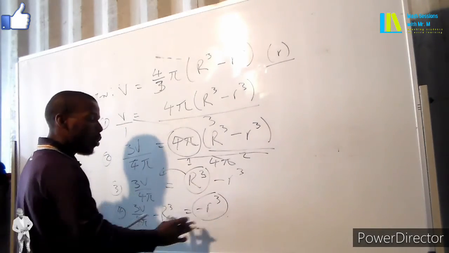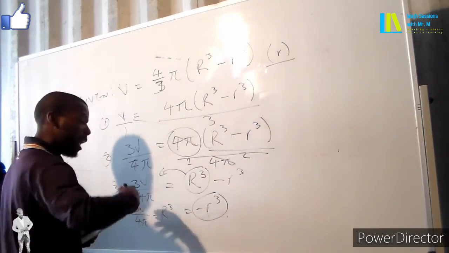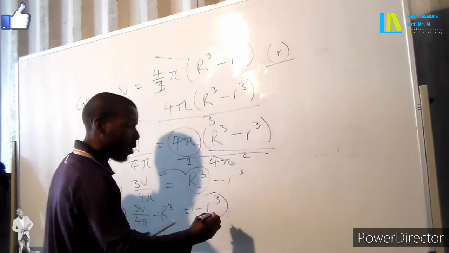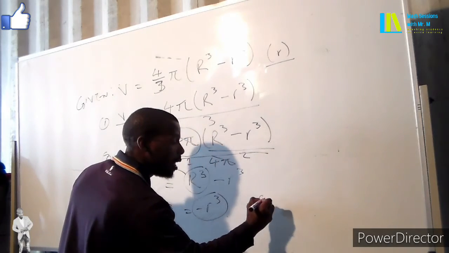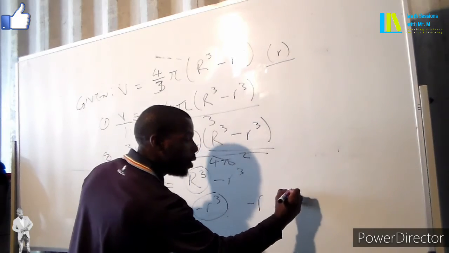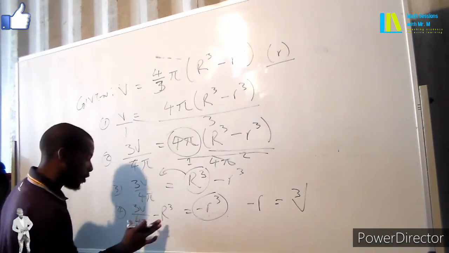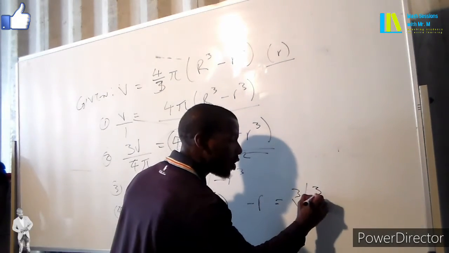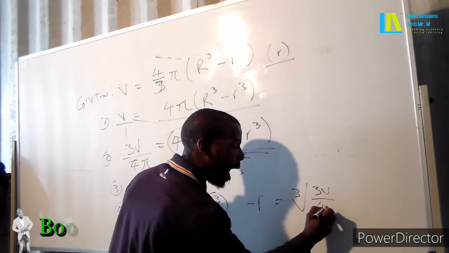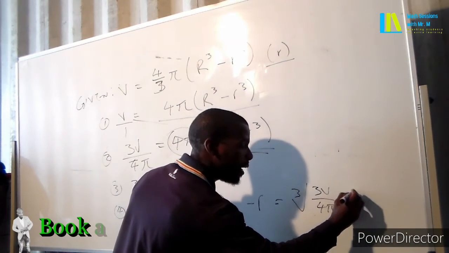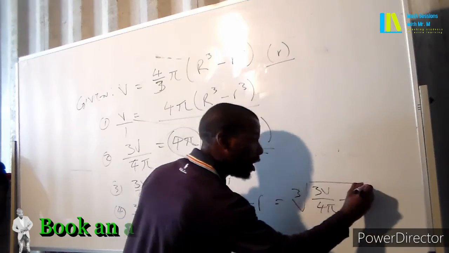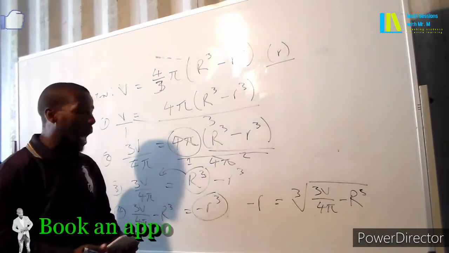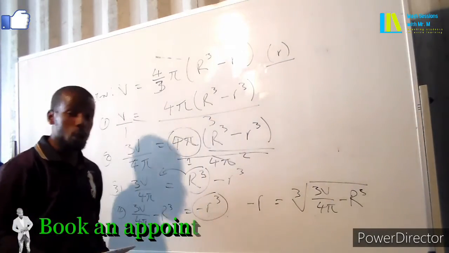We take away the cube root and send it to the other side of the equal sign. You are left with negative r is equal to the cube root of 3V over 4 pi subtracted by the big R raised to the power of 3.